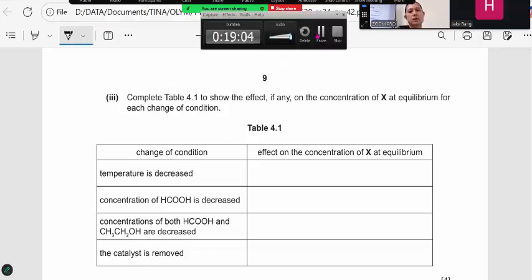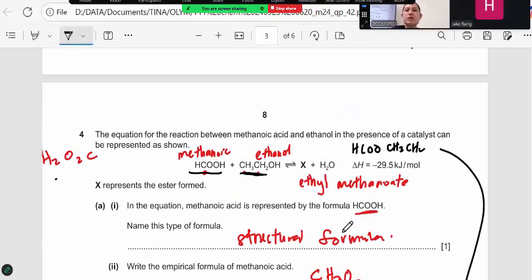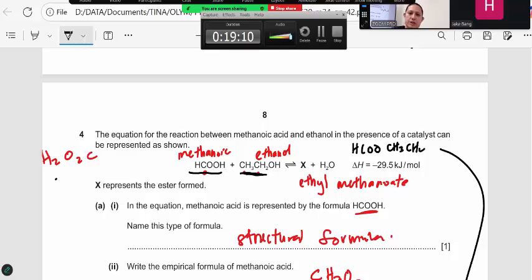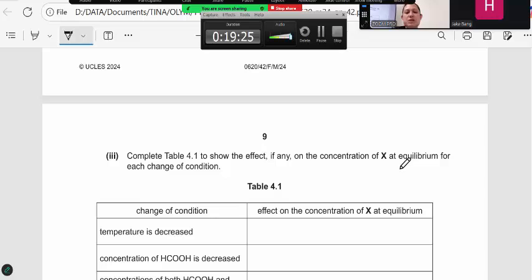Jake, you okay? Do you remember how to do equilibrium? They already show you here it is exo. If it's exo, that means this direction loves low temperature. So temperature decreases, the concentration increases. Got it correct?